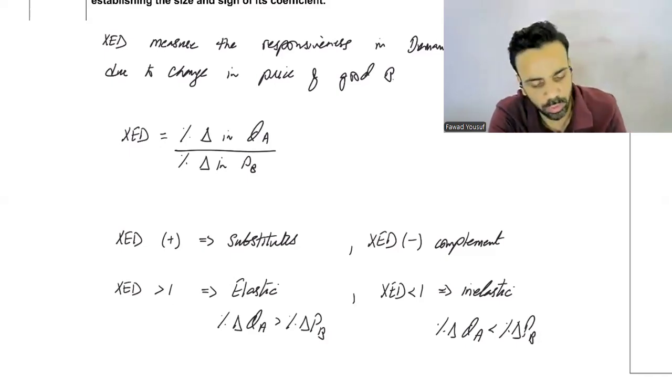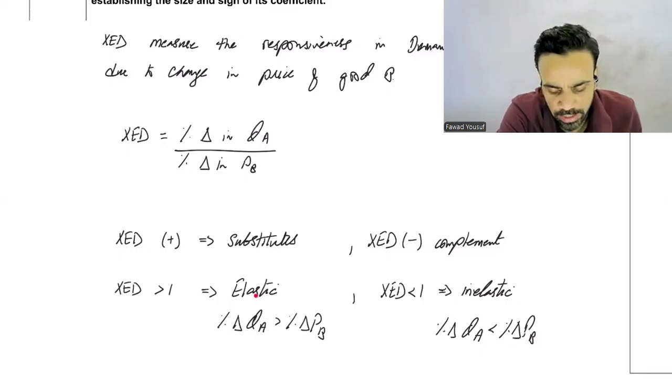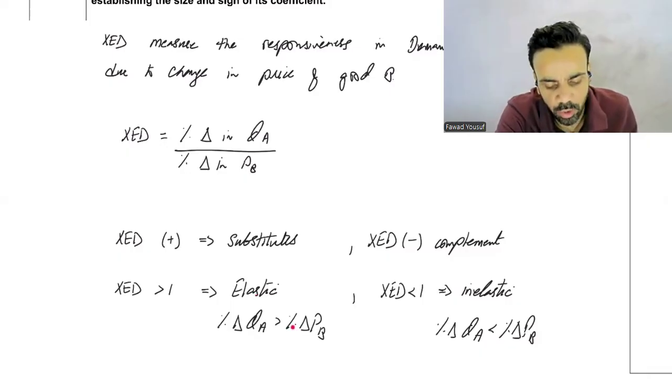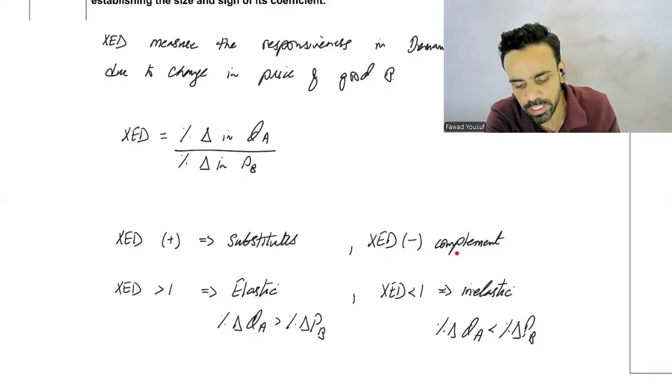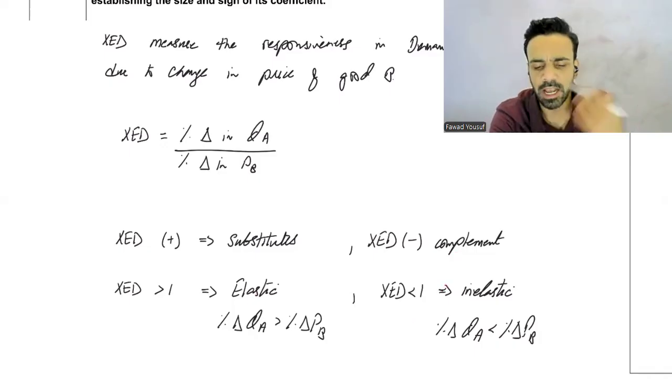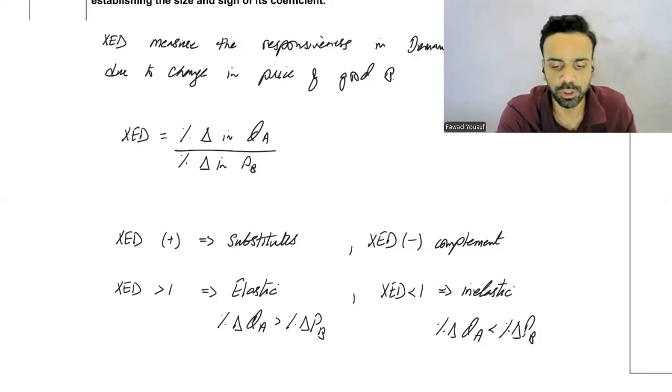Because remember, I've only told कि elastic है greater than 1, but what does it mean in the context of substitutes and complements, and what does this mean inelastic in the context of substitutes and complements? I feel that is too much information that should be discussed in the analysis wala part.